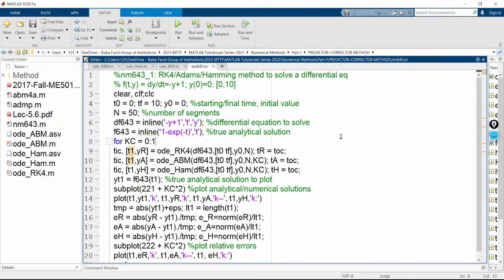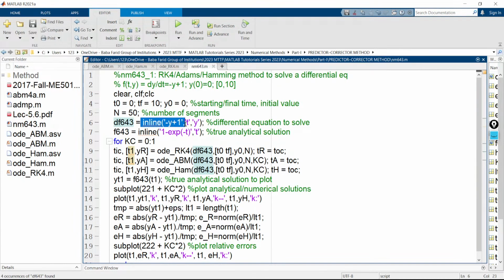Now come here. At this place we have the differential equation which must be evaluated with the initial condition and the interval. So here t0 is equal to 0, tf is equal to 10, y0 is equal to 0. These are the starting time, final time, and the initial value. N is equal to 50, we are choosing 50 segments here. DF643 is just an assignment, nothing more.